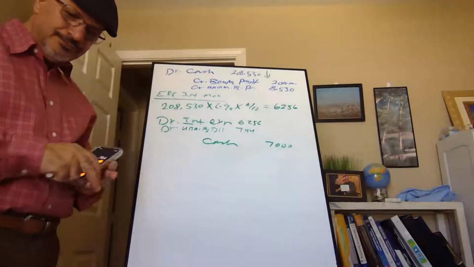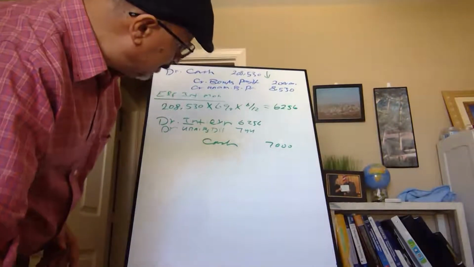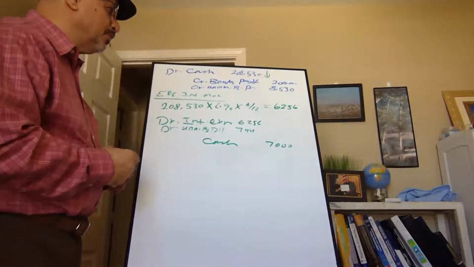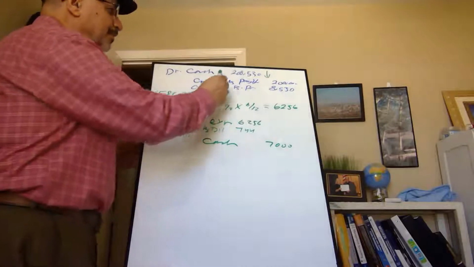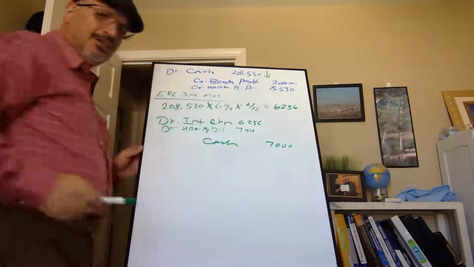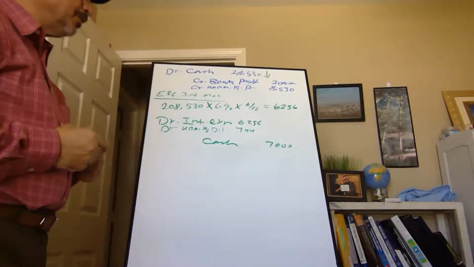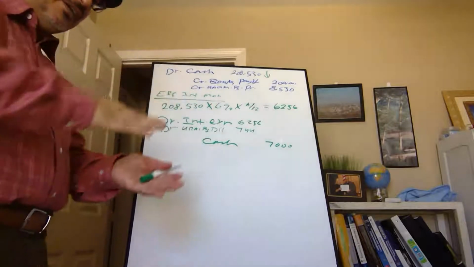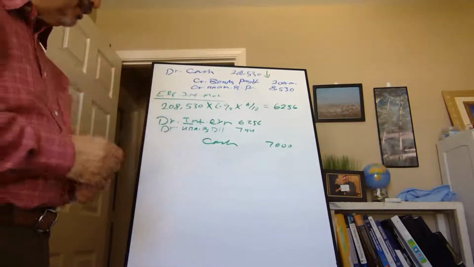Okay, so for the next journal entry, we're going to adjust the 208,530, and we again multiply it by the market interest rate as we did earlier.